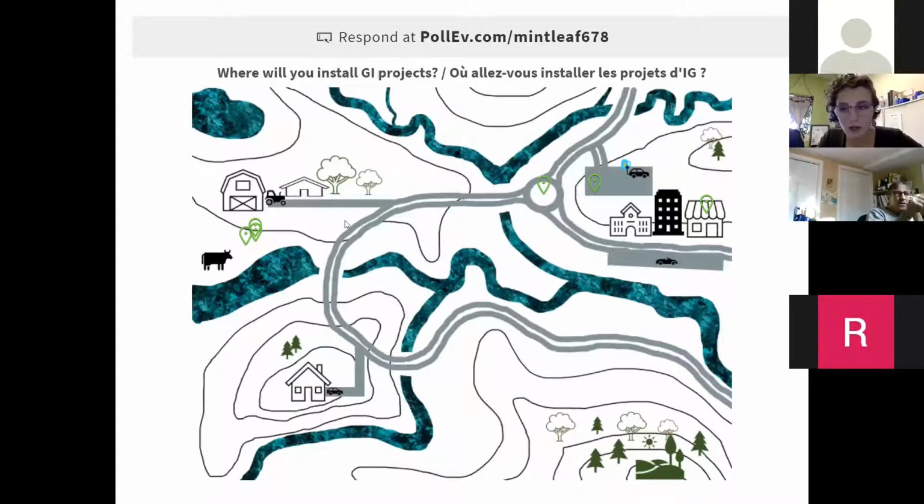The cost per square meter of a rain garden, residential versus municipal, can be vastly different depending on what the site specifications are. Though I don't have off the top of my head what it would be per square meter, I'm happy to have a discussion after this, if that's all right. And I can take a look at some of the numbers that we've worked with to give you a better idea if you're interested.